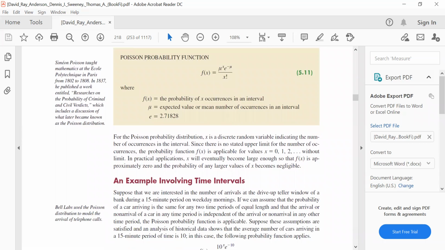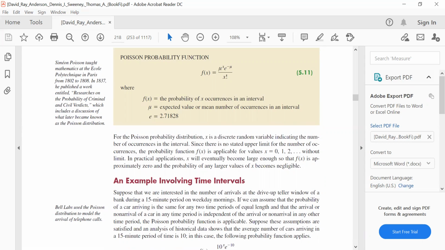For the Poisson probability distribution, the x is a discrete random variable indicating the number of occurrences in the interval.